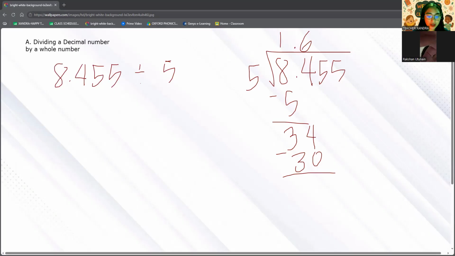What is the remainder? 4. Yeah, 4. And then we bring down the next digit, which is 5, making it 45, and you divide it by 5.